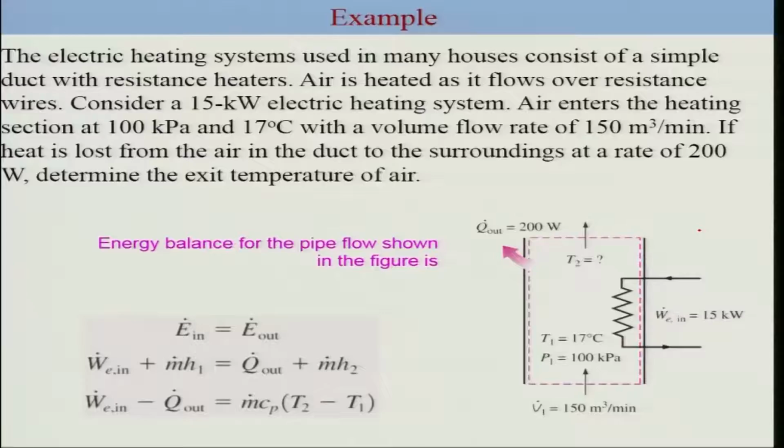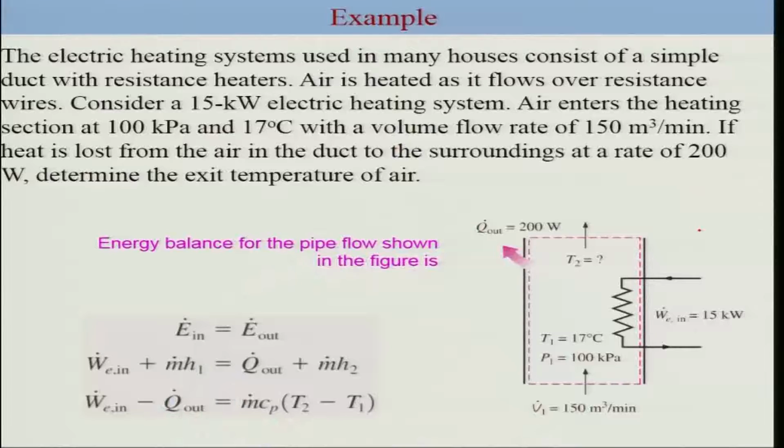So what is the energy and mass balance for a simple duct flow? We'll take one particular example to understand it. This is an example of an electrical heating system which is used in many houses. You have a simple duct with a resistance heater.